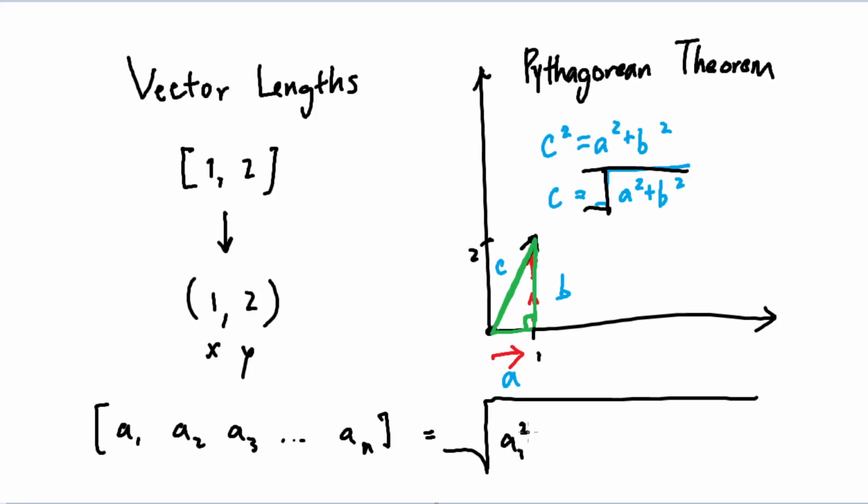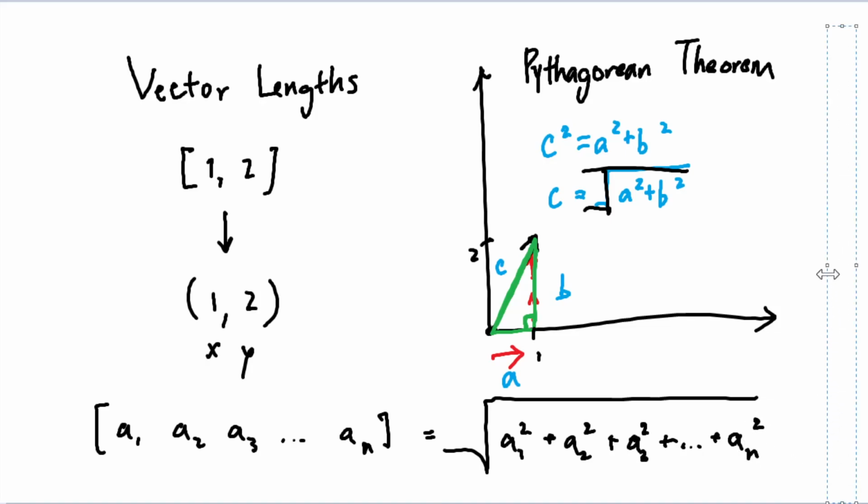So A1 squared plus A2 squared plus A3 squared, all the way up until AN squared. And that's essentially the length of a vector. It's a very simple, quite straightforward concept.